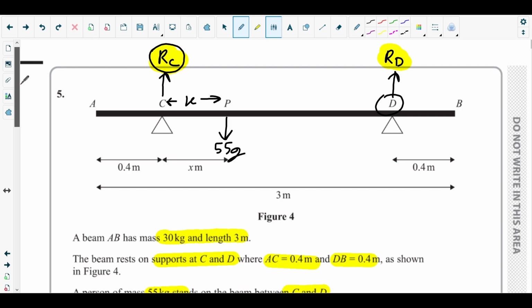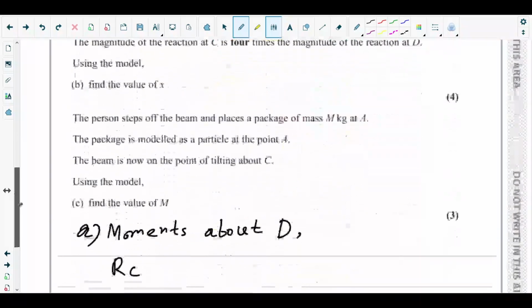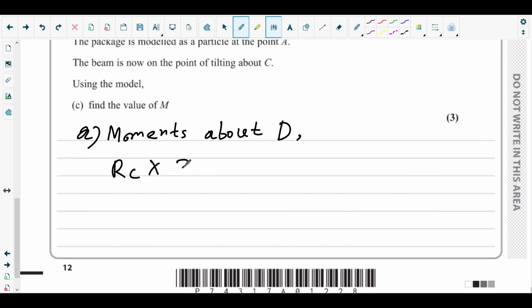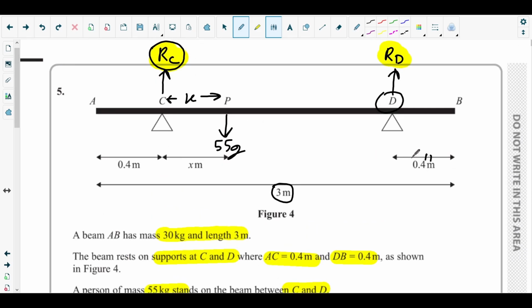The perpendicular distance is, point D is 0.4 meter from the right hand side of the beam, and total length is 3 meter. So the perpendicular distance of point C from D would be 3 minus 0.4 minus 0.4. Why minus 0.4 twice? One 0.4 is this one and the other one is that one.